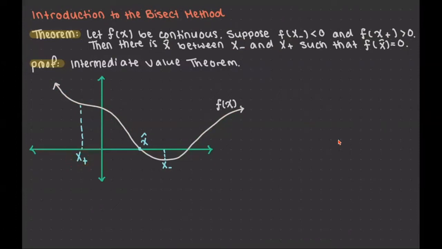One thing to keep in mind is x positive refers to whether the value of the function at that point is positive. So here we can see f(x_plus) is here and is positive. And we can pick, let's say, x minus down here, and we can see that f(x_minus) is negative.